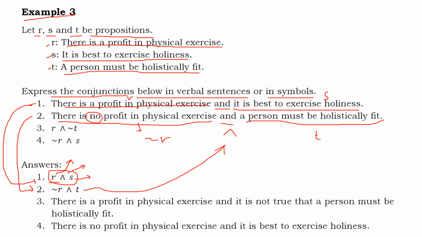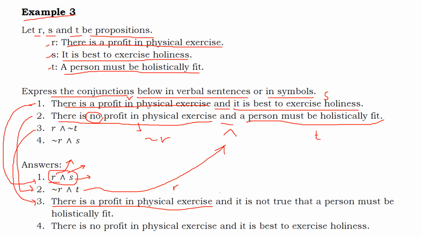Now, for number 3, there's a given symbol here: R conjunction negation T. As you can see, there is a profit in physical exercise. This will serve as your original proposition R, so from this one we just simply copy the original proposition R: there is a profit in physical exercise.